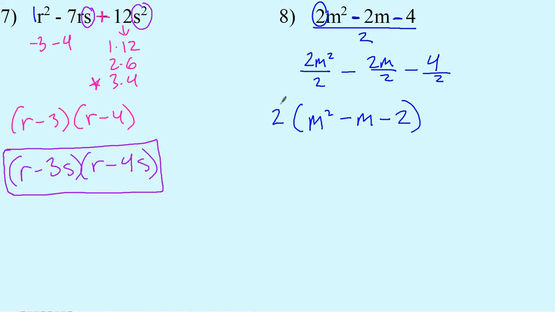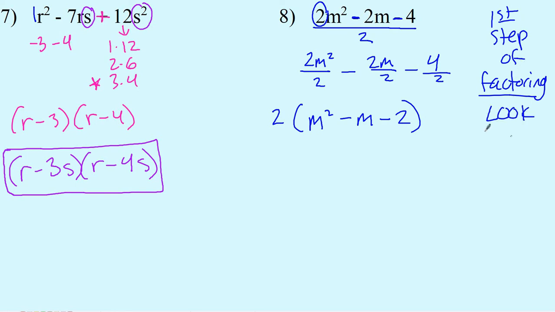In a way it is, because your first step of factoring, I'm going to ask you this a million times. And if you don't know this answer, then you didn't watch these videos. First step of factoring always is look for the GCF.